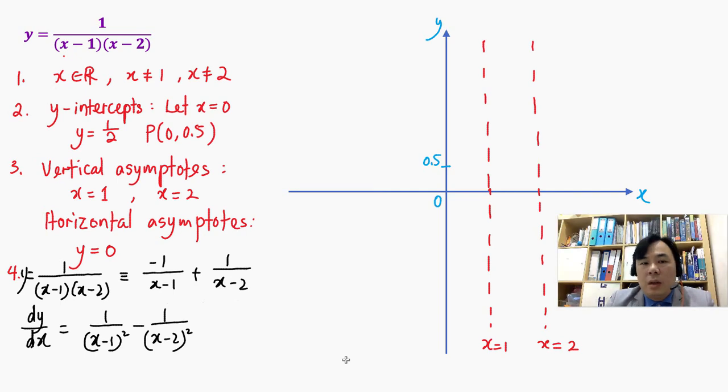Okay, right. Now in this case, it's possible we can have some one or more stationary points here. We're going to equate this equal to 0 there, just to see whether we can find any stationary points. So from here itself, you will find that we have, what do we have here? Okay, let me see. So in this case, we found that x minus 1 is actually equal to x minus 2 here.